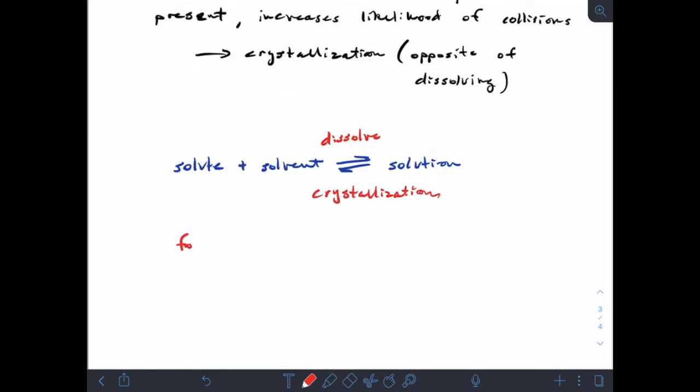Okay. So our forward process is dissolving, and the reverse process is crystallization.